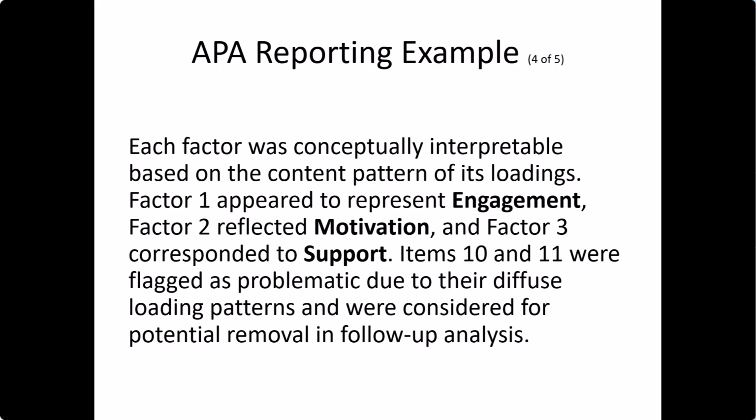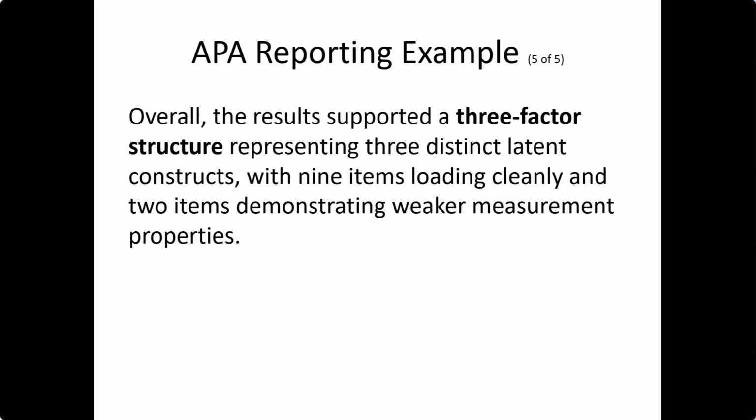Factor 2 reflected motivation, and Factor 3 corresponded to support. Items 10 and 11 were flagged as problematic due to their diffuse loading patterns and were considered for potential removal and follow-up analysis. Overall, the results supported a 3-factor structure representing 3 distinct latent constructs with 9 items loading cleanly and 2 items demonstrating weaker measurement properties.